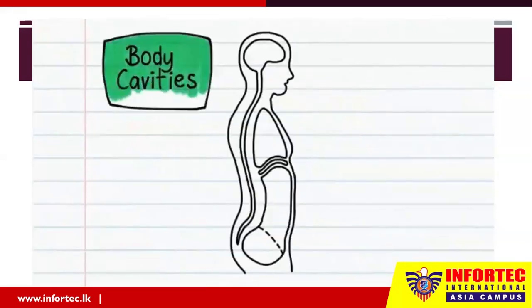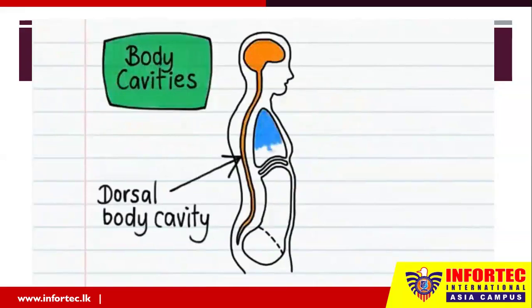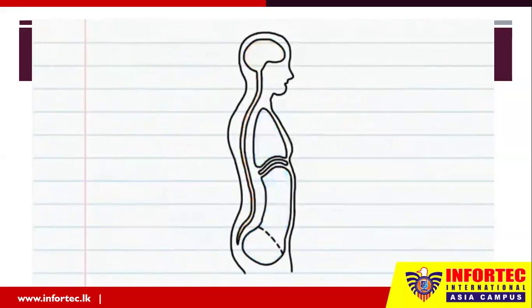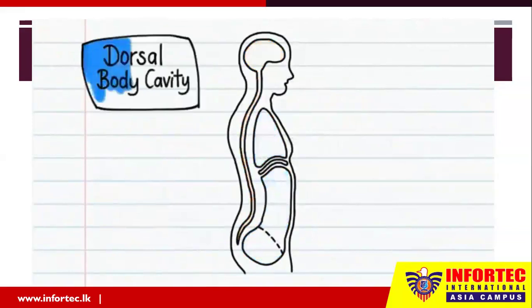The human body consists of two main cavities, the dorsal body cavity and the ventral body cavity. If you're not sure what the terms dorsal and ventral mean, check out my other video on anatomical terminology. Let's start with the dorsal body cavity.